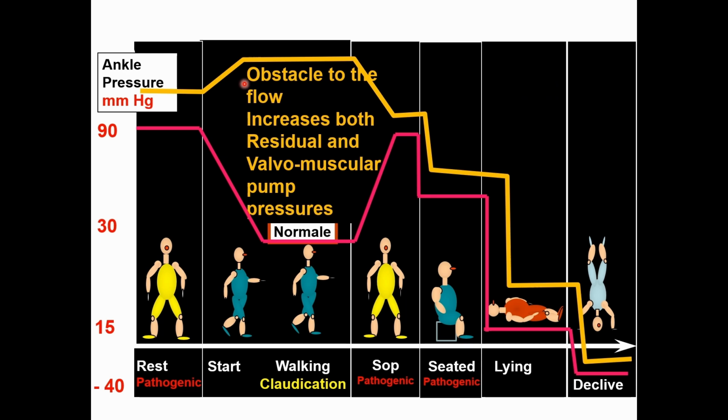Obstacle to the flow increases both residual and valvomuscular pump pressures, explaining the claudication, the venous claudication when walking, and remains higher than normal in rest position, standing, sitting, lying, and decline.